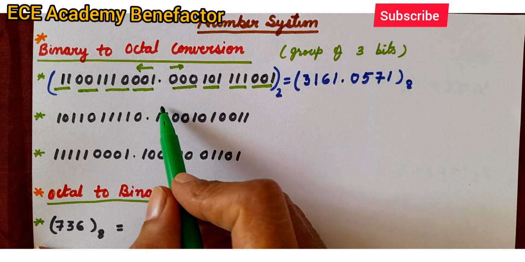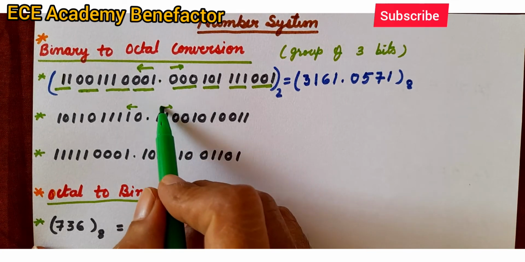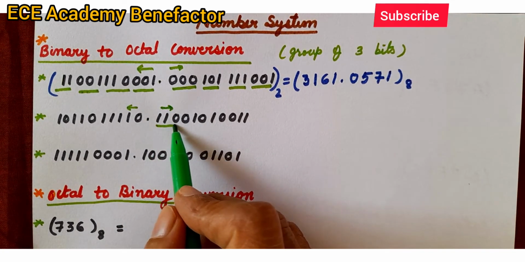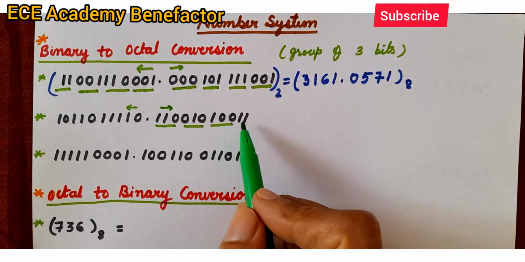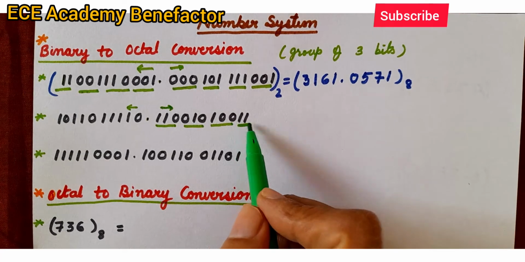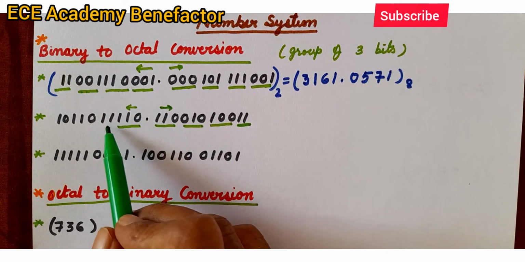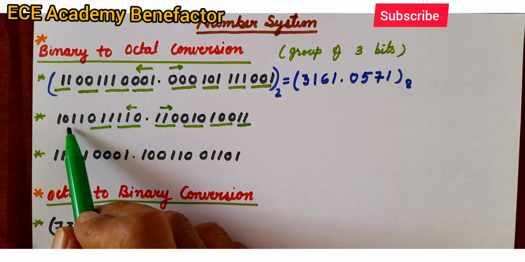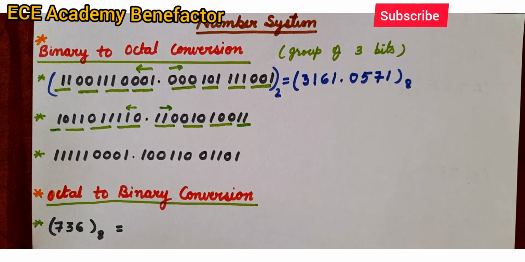You have to traverse in this direction, and in the opposite direction from the dot. We have made a group of 3 bits, then the next 3, and here you are left with only 2. From here, the first 3 bits, next 3, and here you are left with only 1.